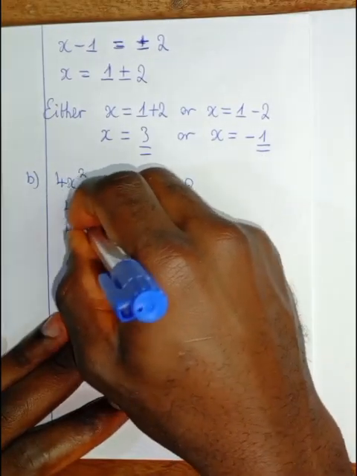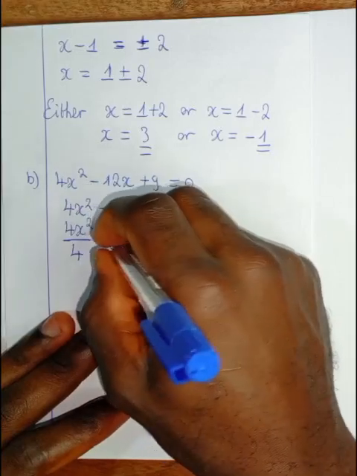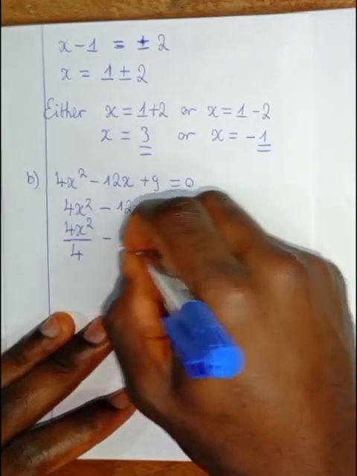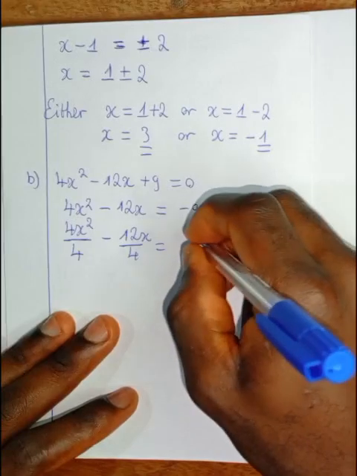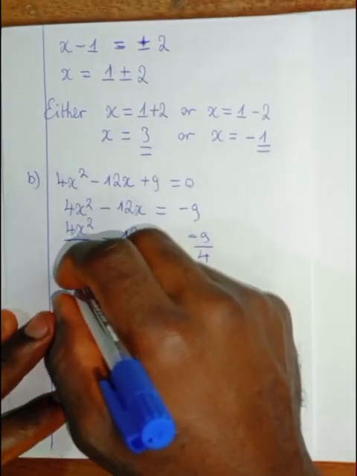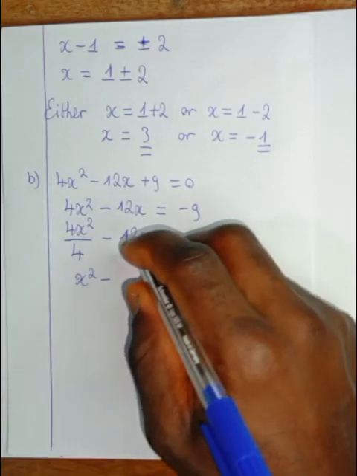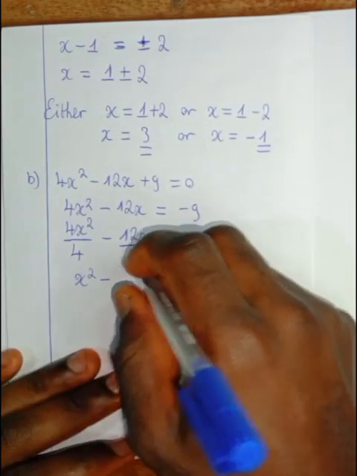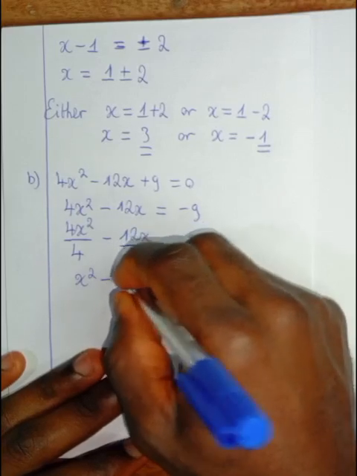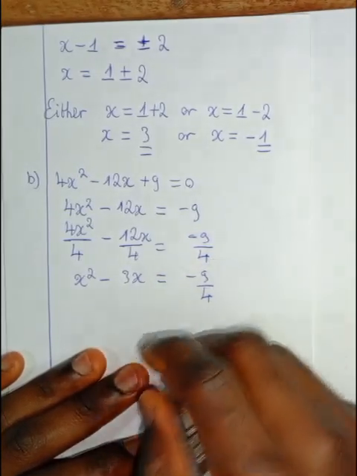Next step, we are going to divide both sides by the coefficient of x squared, which is 4, equal to negative 9 divided by 4. 4 divided by 4 gives 1, so this will give us x squared minus 12 divided by 4 gives us 3x equal to negative 9 over 4.